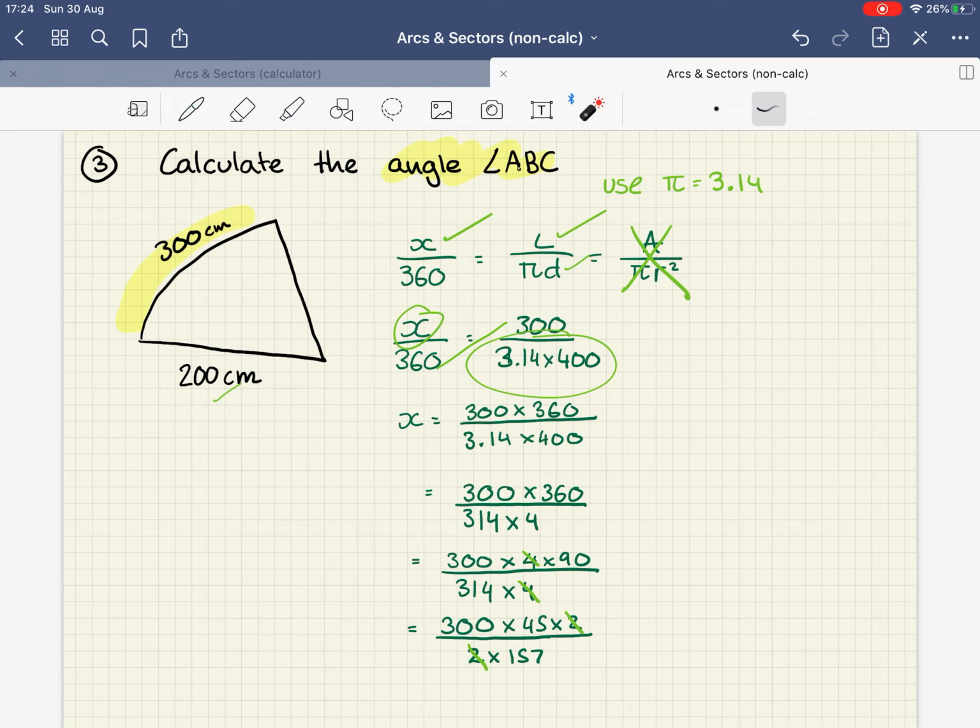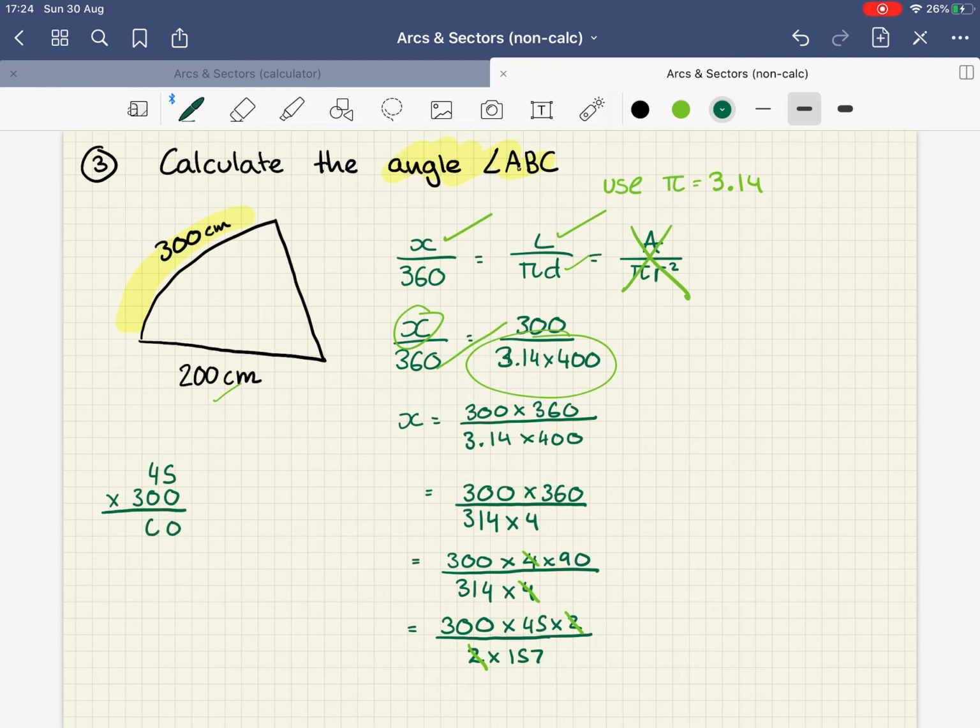Now, this 157, that is a prime number, so I can't simplify that any further. So the last thing I need to do is figure out what this multiplication here is. And all I need to do for that is just set up a multiplication sum at the side.